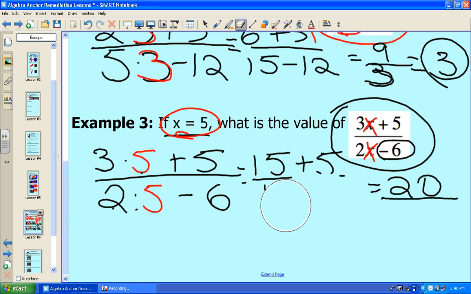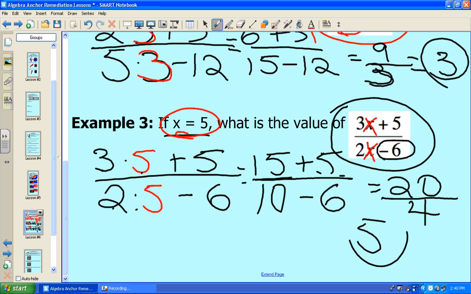Okay, I need to change that right here to be 10 minus 6. I just copied the problem wrong. So at this point, 10 minus 6 is 4. Now when I do my division, 20 divided by 4 is 5. Okay, and that's your final answer.